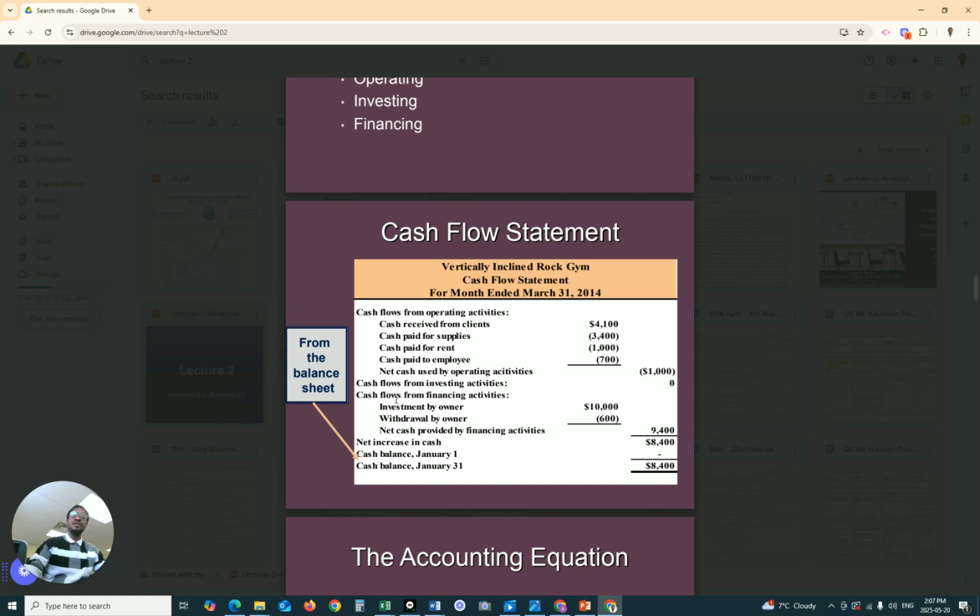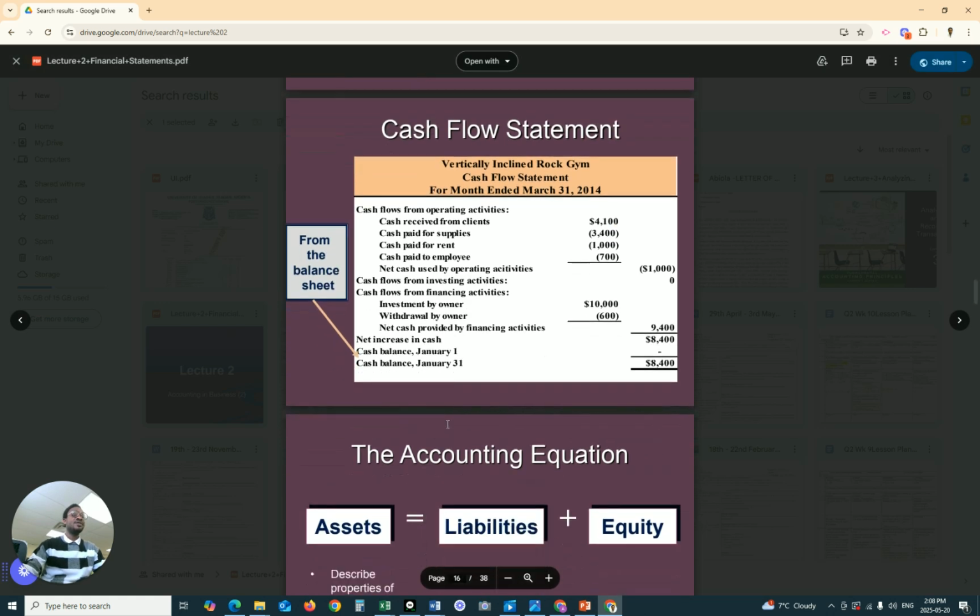Dividends paid on the issued shares are still under financing activities. So we've talked about the four financial statements: the statement of cash flow, the statement of changes in equity, the income statement, and the balance sheet, which is also known as the statement of financial position.